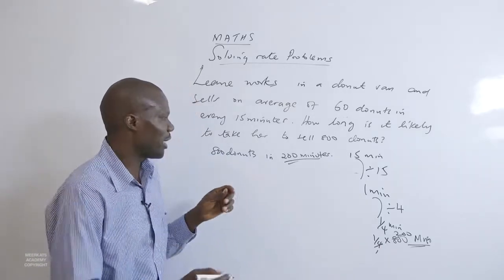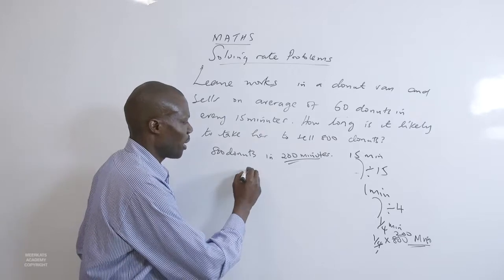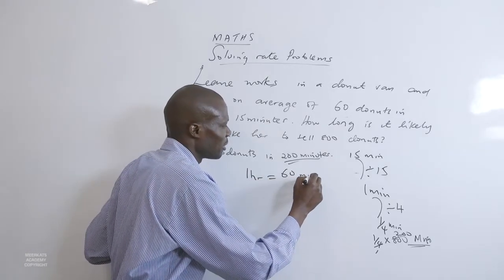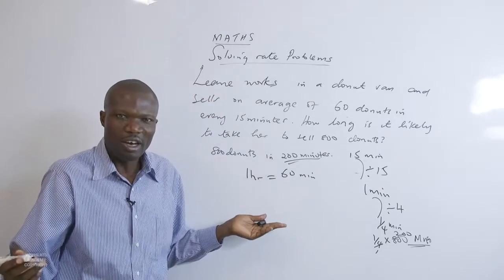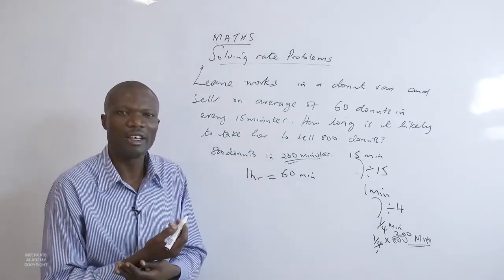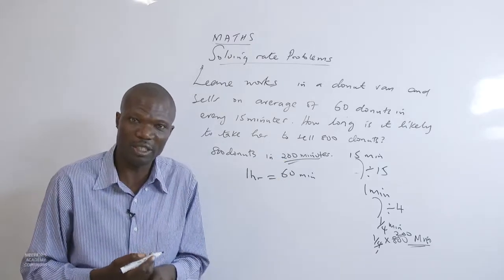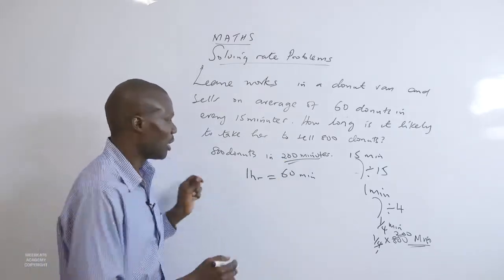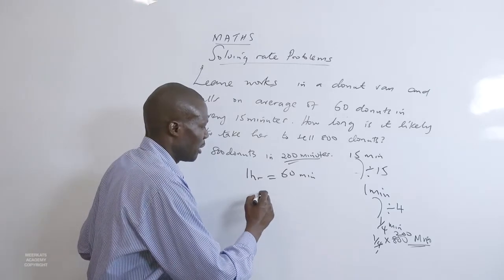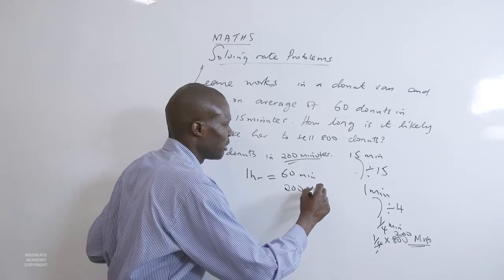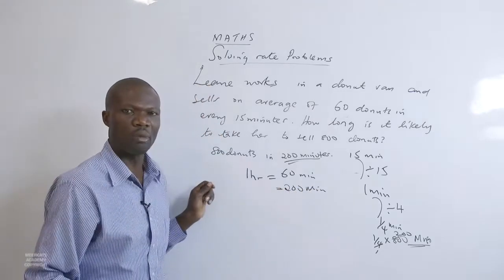So we say that 1 hour is equal to 60 minutes, right? Then how many hours are there in 200 minutes? It will be 200 divided by 60. The remainder we shall see what to do about it. So 200 minutes will be equal to how many hours?